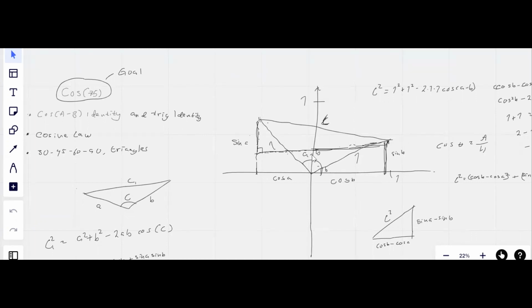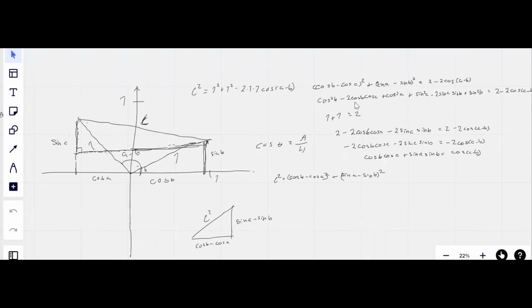Later, I didn't mention where I got this part, where I subtracted cosine of B minus cosine of A. I got that from finding the difference between those two coordinates to find the total length that is covered for this base of the triangle.